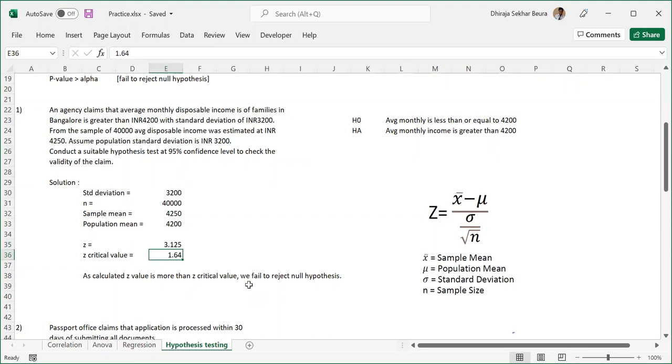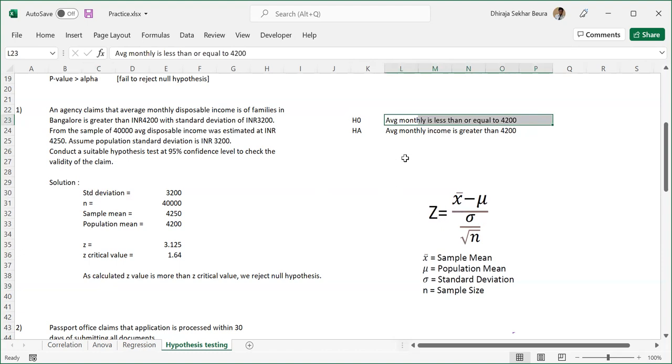We are saying a lot of times rejecting the null hypothesis or failing to reject the null hypothesis. What does that mean? Let's look at the null hypothesis here. Null hypothesis is average monthly income is less than or equal to 4,200. When we are saying we are rejecting the null hypothesis, what does that mean? This is not true, as per our findings.